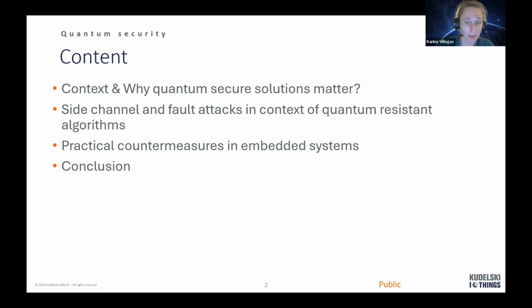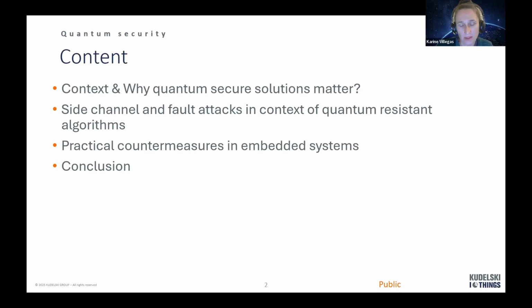And the subjects that I will address in my presentation follow these threads that have been explained regarding the progress that has been made on quantum computers. We will see what the context is and why quantum secure solutions matter now. We will see how many problems are raised in defining a quantum secure solution.